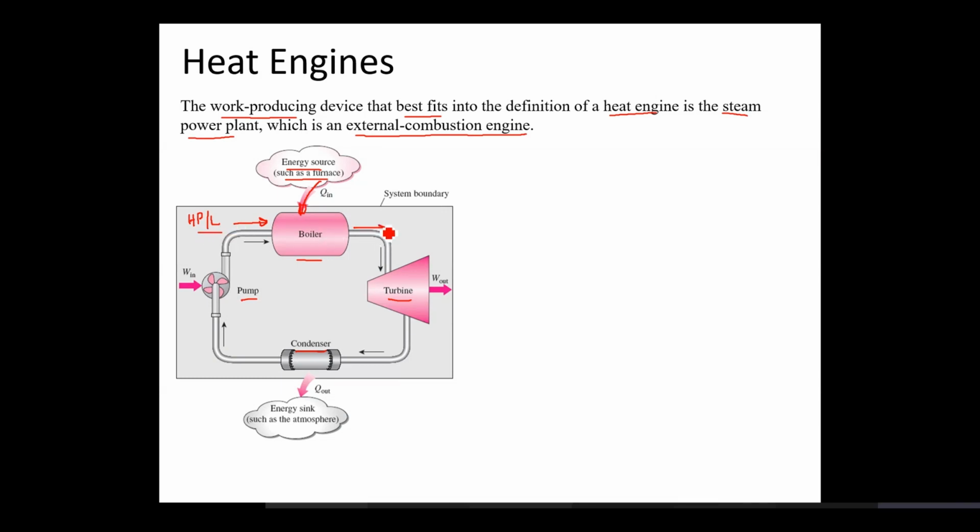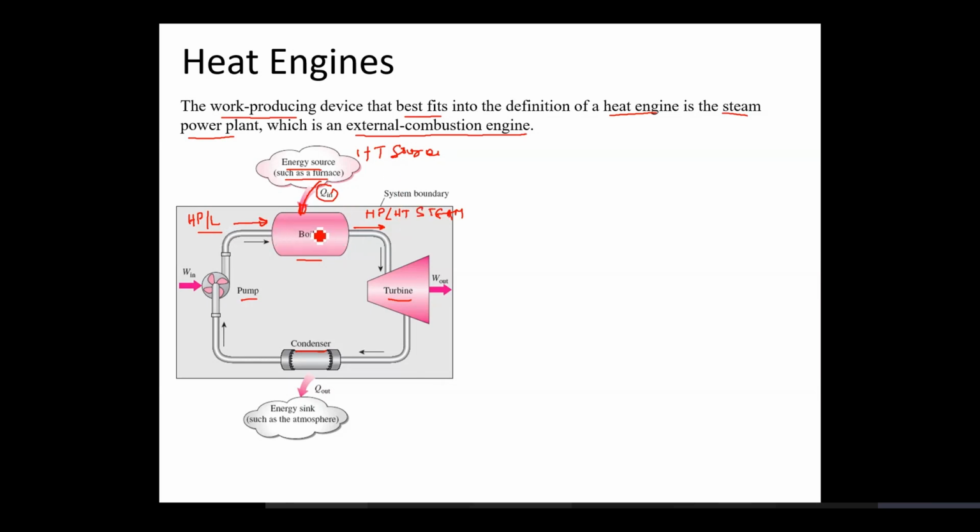As the high pressure liquid comes out of the boiler, it is in the form of high pressure, high temperature steam. So this Q in is basically the heat that is being provided from a high temperature source. This high temperature source provides heat, which is being transferred to the fluid, and the fluid in this case is water.